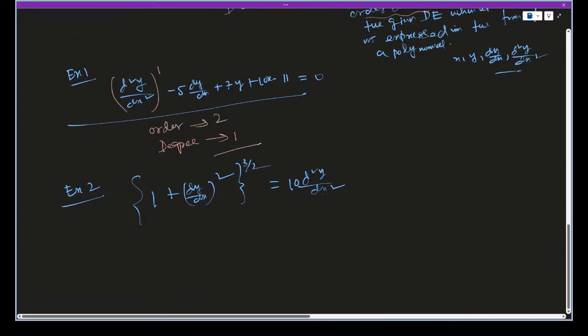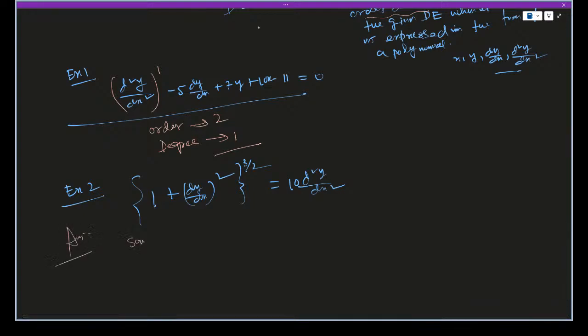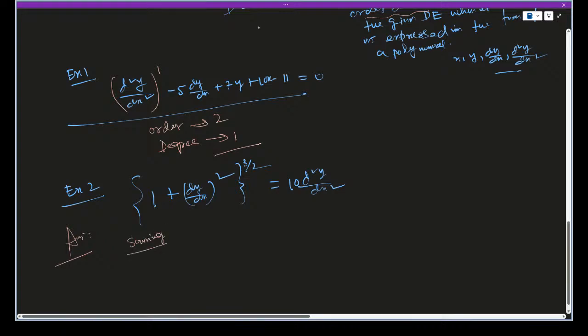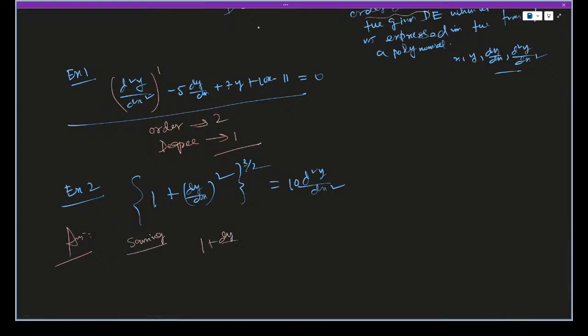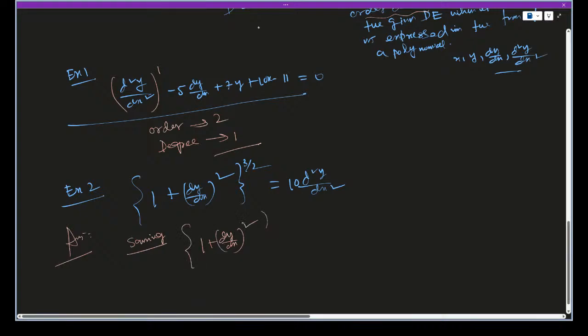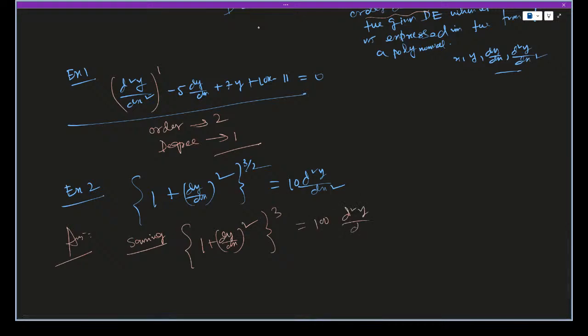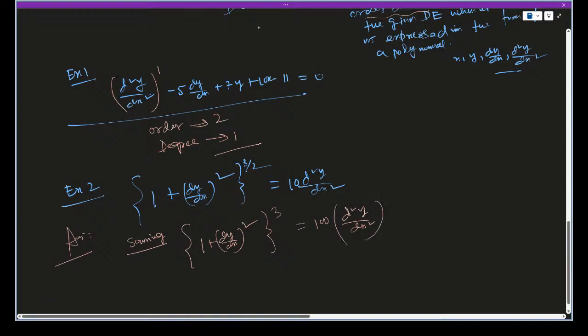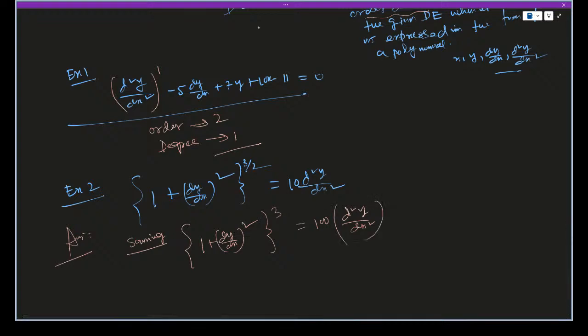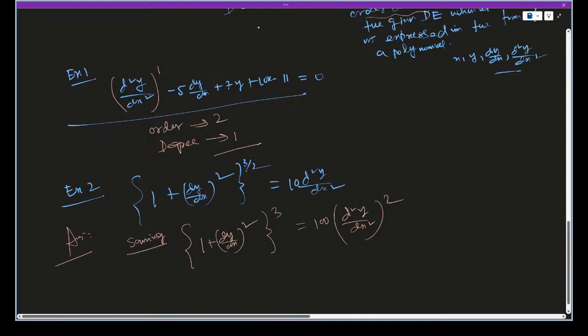You just make square of both sides. Squaring both sides, what do you get? 1 plus dy by dx whole square, cube, equals 100 times d square y by dx square, cube. We are squaring both sides.